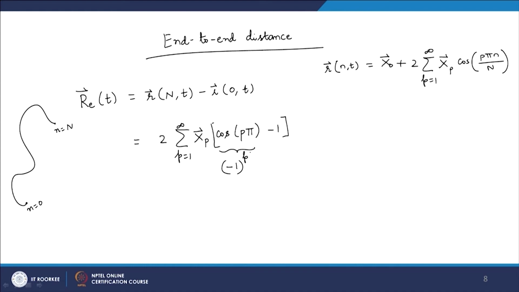So, if you notice here, all the even terms will cancel out, because for even terms we have cos p pi minus 1 is equal to 0. Only the odd terms will remain.